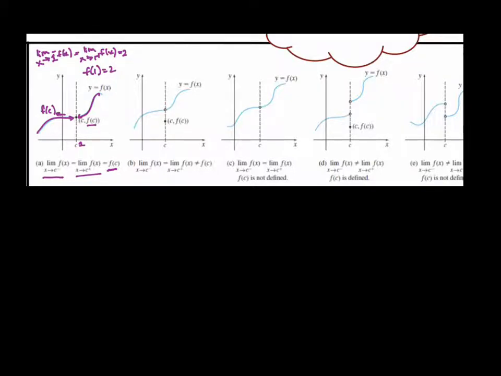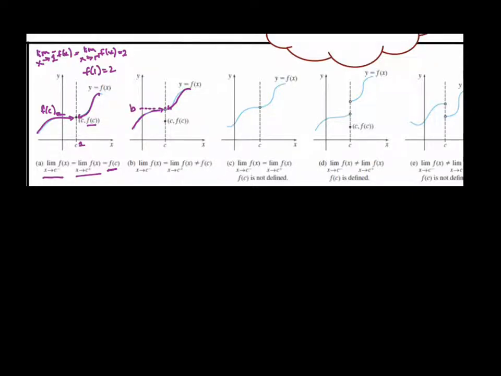Now here's another example. We have the limit on the left, and the limit on the right. Well, I guess we can't call it f of c right now because it's going to be different than f of c, because there's a dot right here. So let's just call that b.